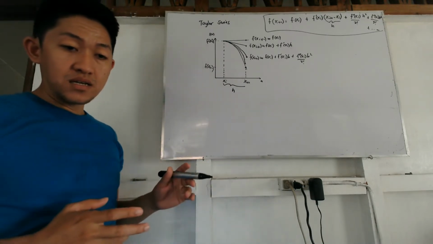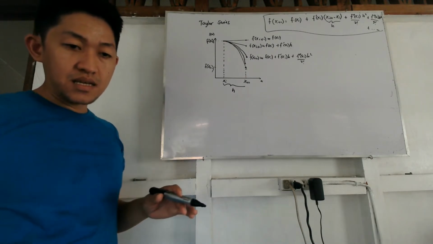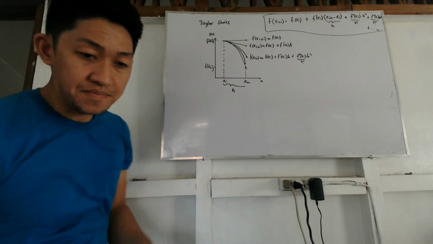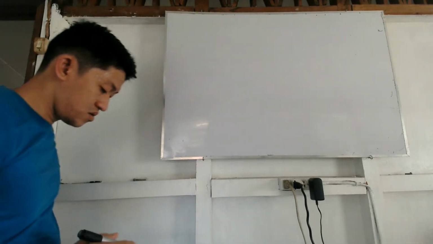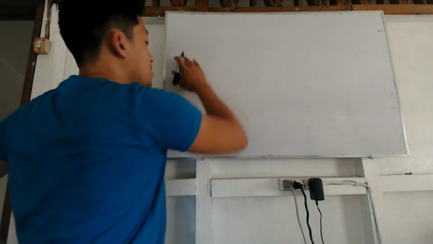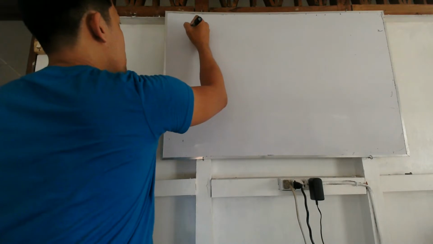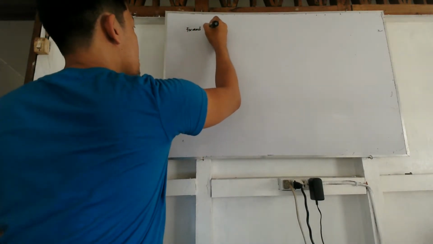Now, using this concept, we will approximate the derivative of a function using Taylor series. Okay, so let's use what we call the forward difference.